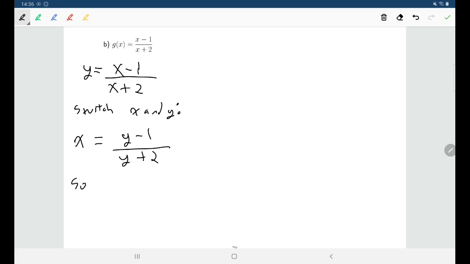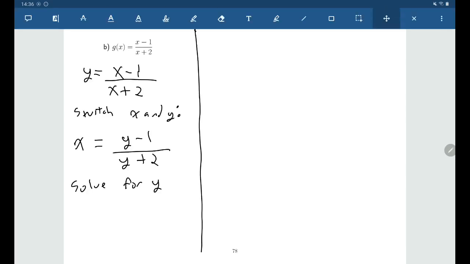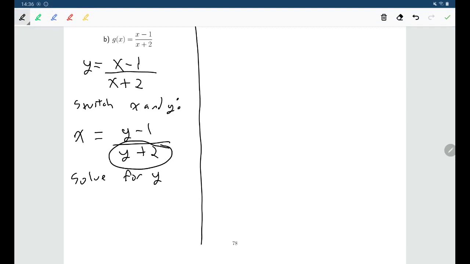And then the next thing that we need to do is solve for y. So what I'll do now is take this y plus 2 that I have in the denominator and bring that up. So I'd have x times y plus 2 equals y minus 1.